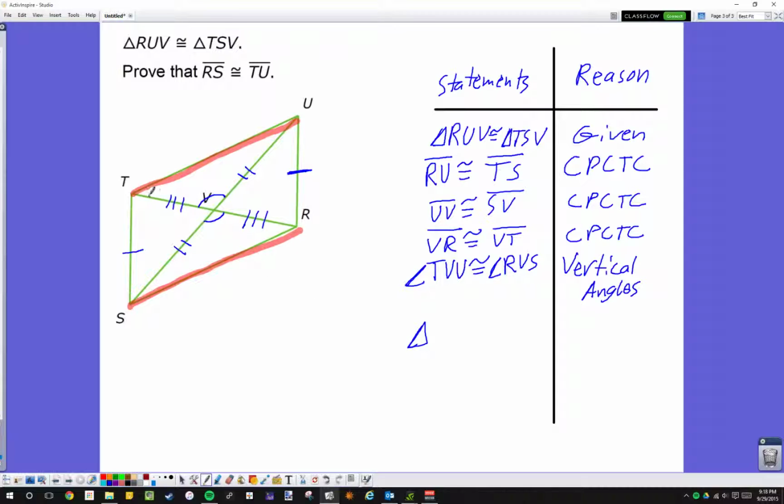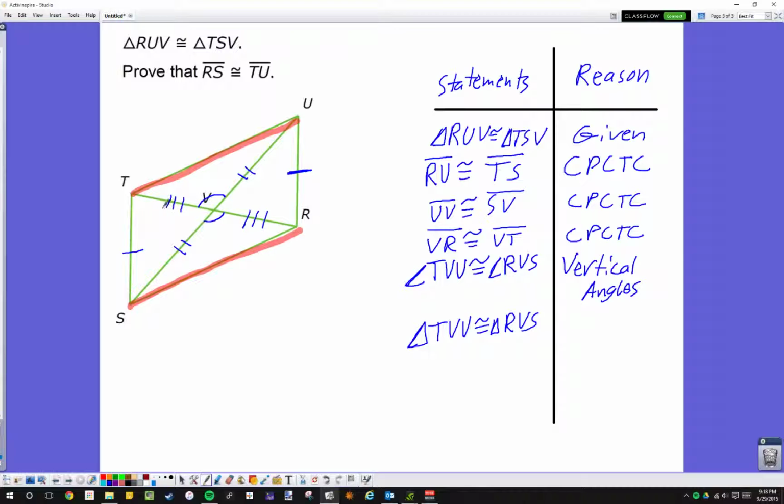So I've got triangle TVU is going to be congruent to triangle RVS. Notice that I'm going along the three, then the angle, and then the two. Three, angle, two. Why do I know that? I've got side, and then an angle, and then side.